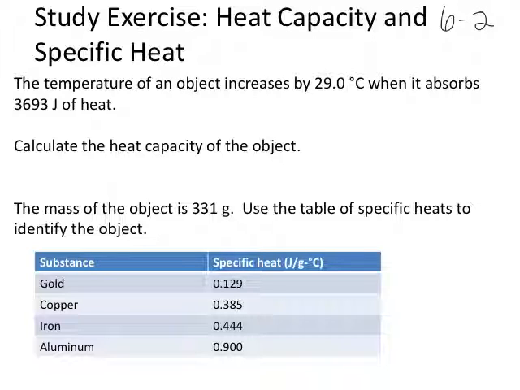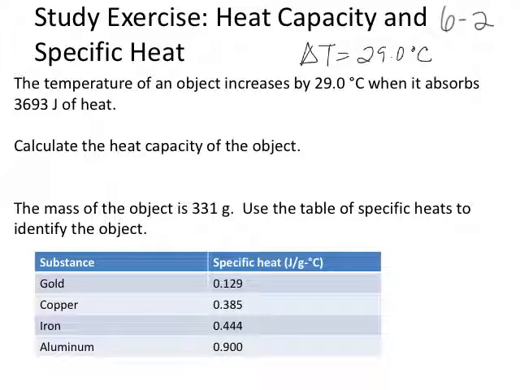and this is important because it talks about the heat capacity and specific heat. So the temperature of an object increases by 29 degrees Celsius when it absorbs 3,693 joules of heat. Okay, so when it's increasing by 29 degrees, it's already telling you that the delta T is 29.0 degrees Celsius.